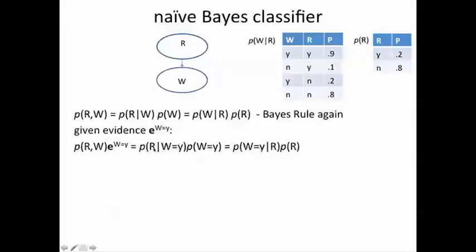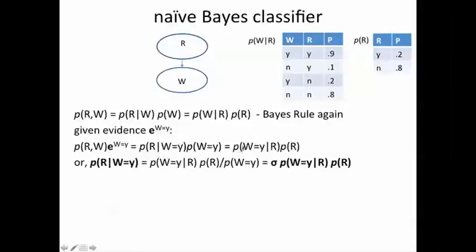So we get probability of R given W equal to yes times the probability that W equal to yes, and this side gets probability of W equal to yes given R, which is the likelihood, times the prior, which doesn't have anything to do with W, so we don't have to condition it. This element, probability of R given W equal to yes, can now be written as the right hand side here divided by the probability of the evidence.